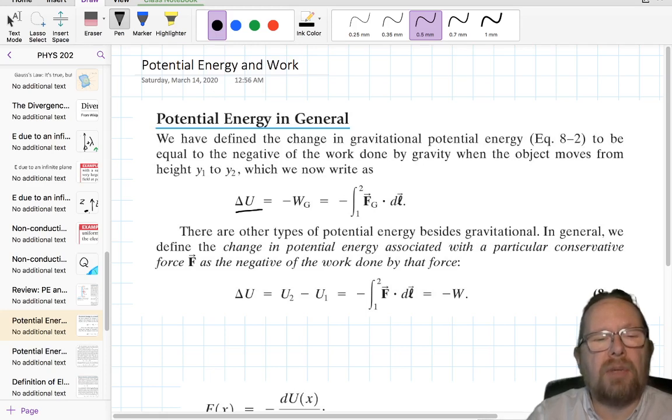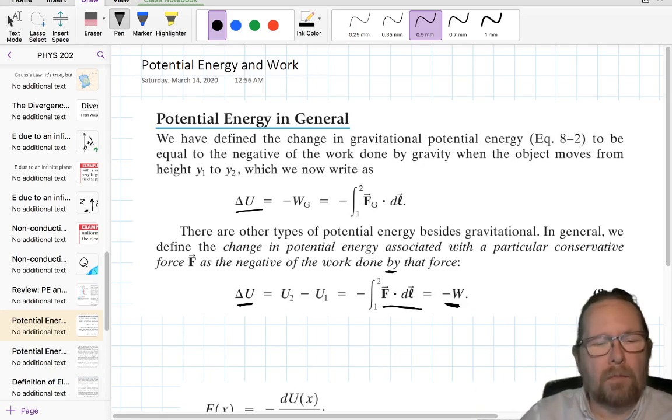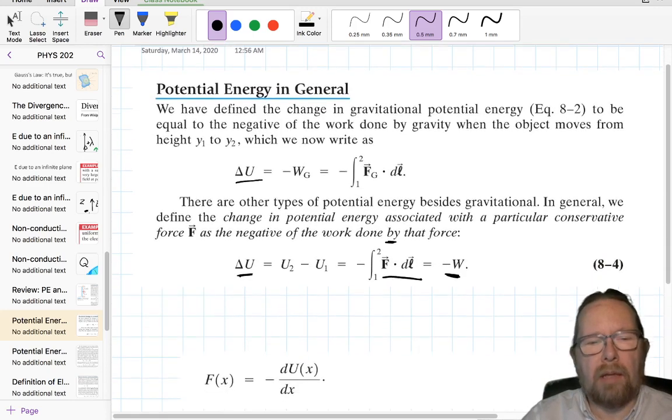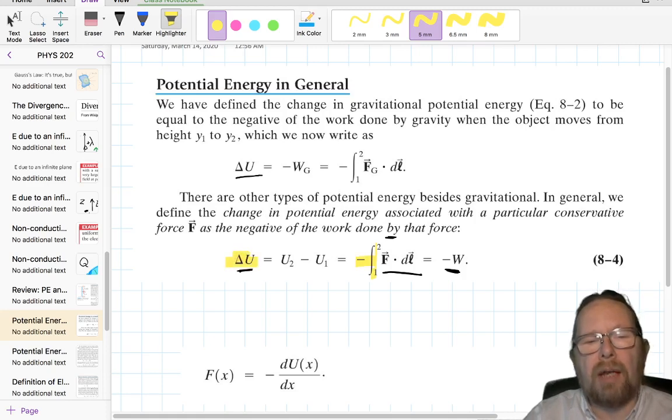So the change in potential energy of the object is equal to the negative of the work done by gravity, which is equal to the negative of the integral of F dot dl. That means the relationship between force and potential energy is that of a derivative.